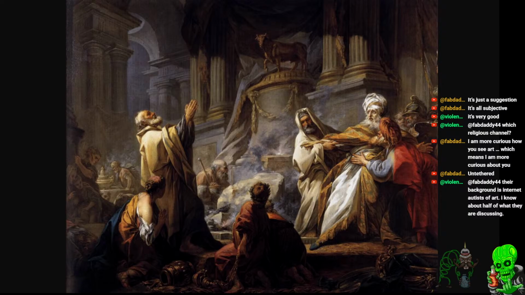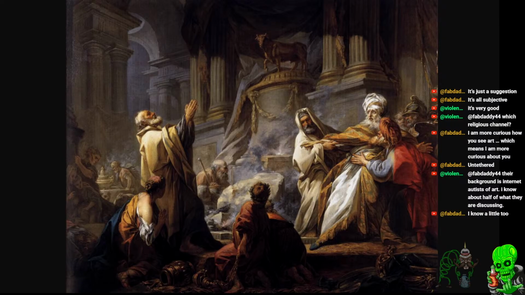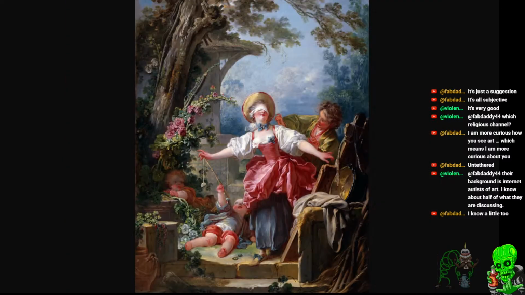So, with that said, we'll move on to the next piece, which is the Blind Man's Bluff, and this one is definitely a Rococo style. This is very much painted, and it's painted between 1750 and 1752. This is also before he goes to Italy, and it puts a really fine point on how talented he was in that he could use these broad arrays of style.